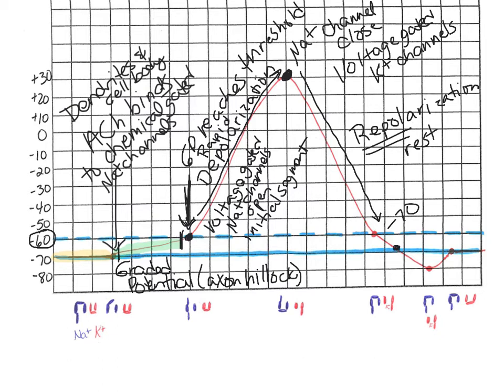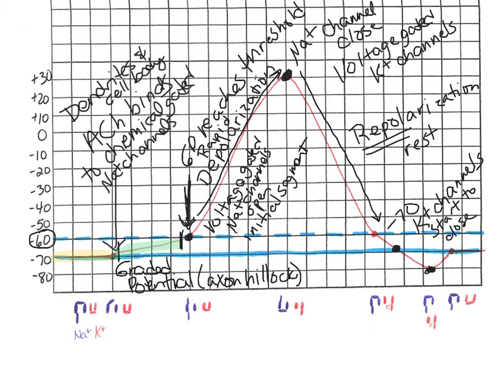And at -70, that's when the potassium channels will start to close. They start to close. Not all of them close, though. So more positive charges move out, and the charge inside that initial segment will drop all the way down to -80, -90.